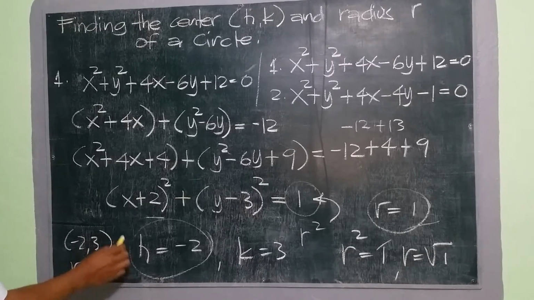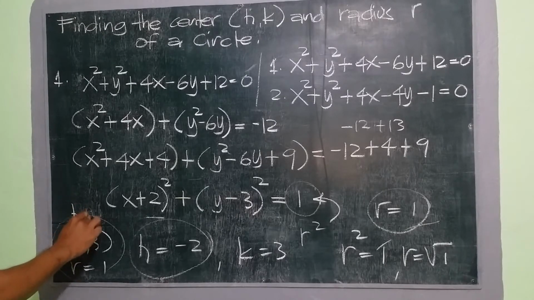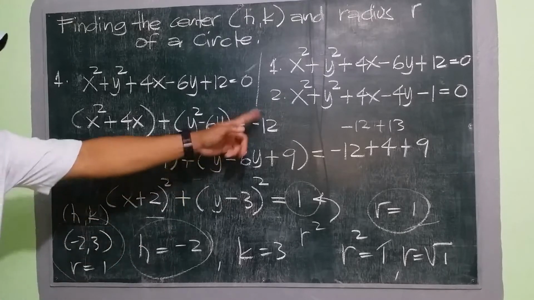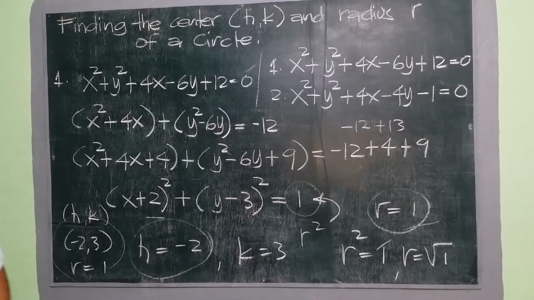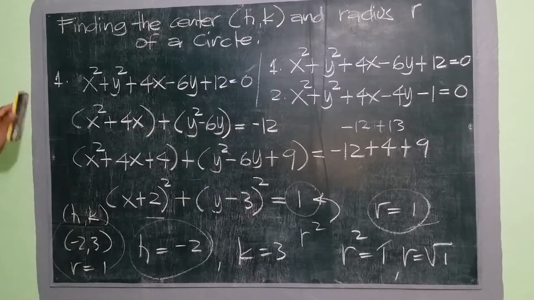So this is our circle. Negative 2, 3 is our h k, the center of our circle. Next, we're going to proceed with number 2. I need to erase this one to proceed.